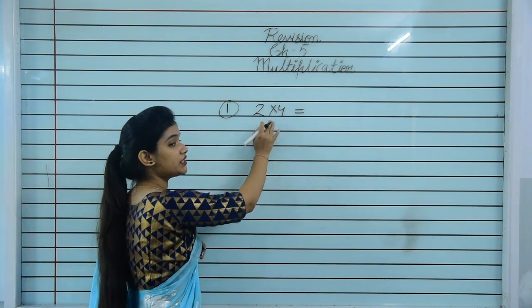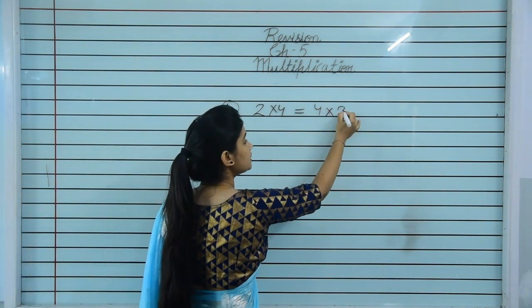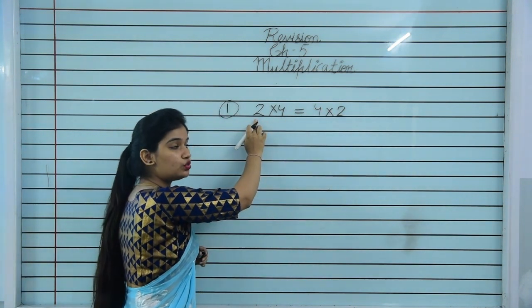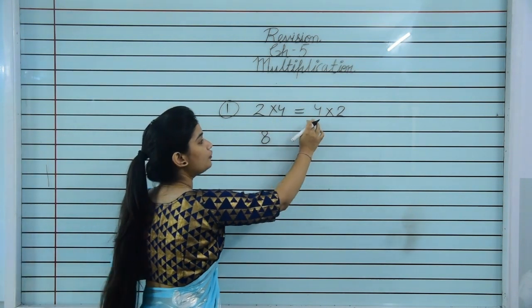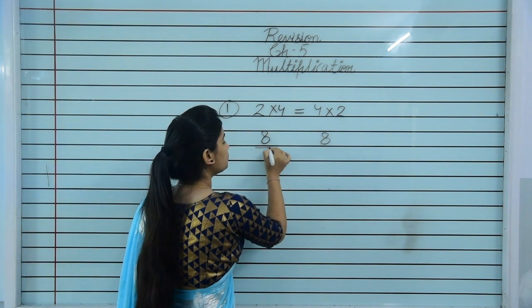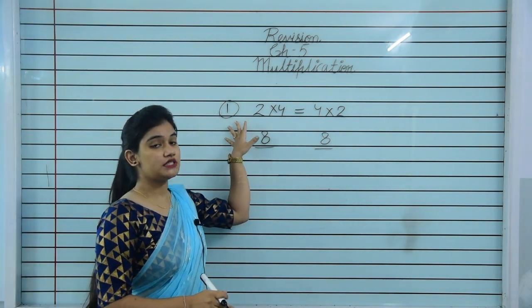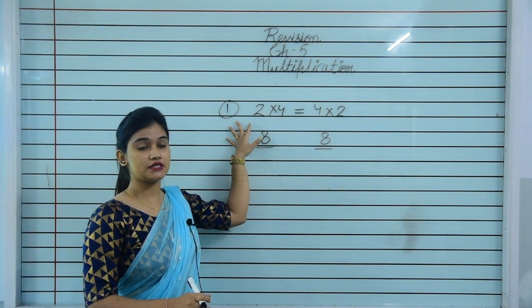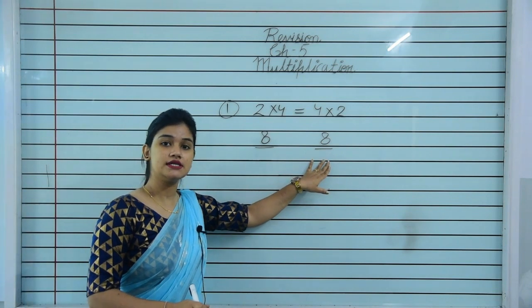It means we can change the sequence. First I take 4 and then 2, or first 2 and then 4. 2 4s are 8 and 4 2s are 8. The product is the same. The first multiplication fact is that we can multiply two numbers in any order, and their product will remain the same.